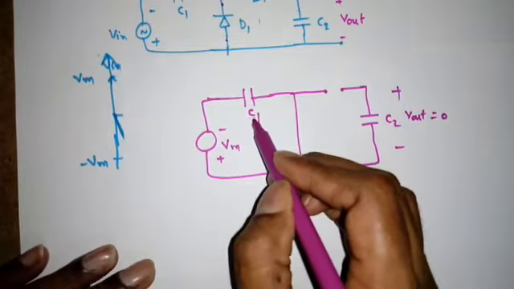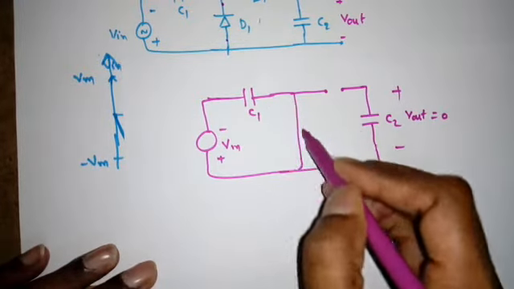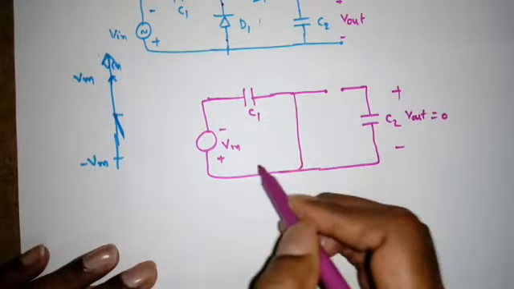But what happens to the capacitor C1? What is the time constant in this loop? 0. So it will quickly charge, depending on how this input is varying, the capacitor also charges depending on that. Now how will it charge? See the diode. Current is flowing from P to N. So the capacitor will charge like this.